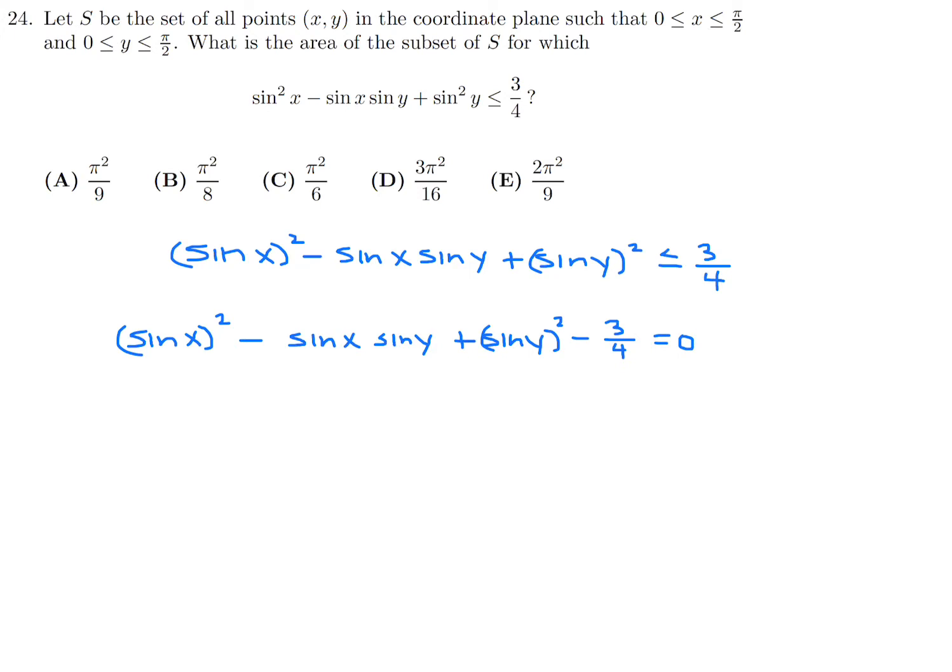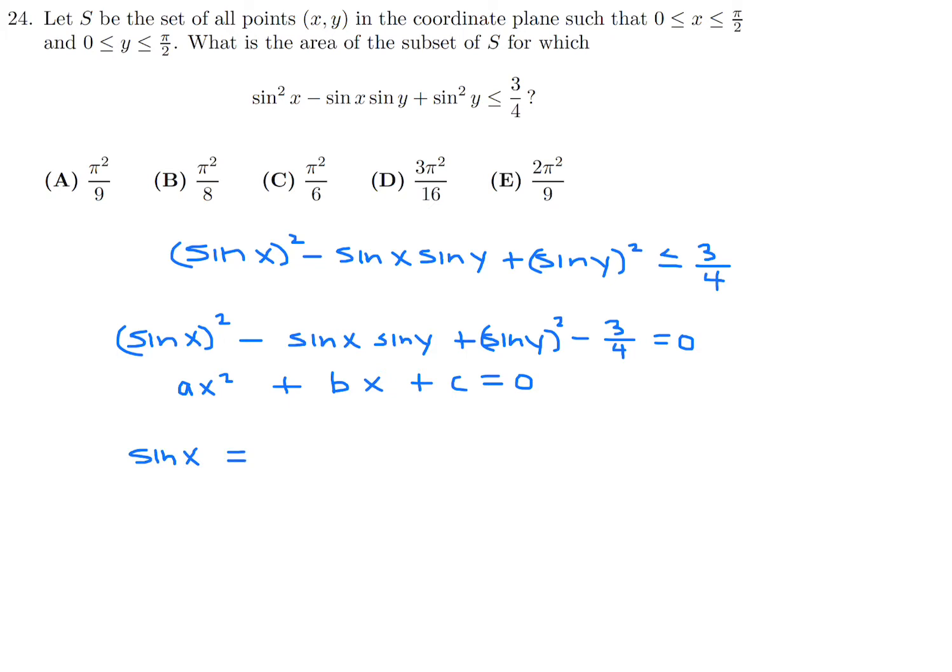I've set it equal instead of less than. Less than we'll worry about later. First we need to solve this. Okay, this will basically be like a quadratic of the form ax squared plus bx plus c equals 0. So I can use the quadratic formula, solving for sine x.